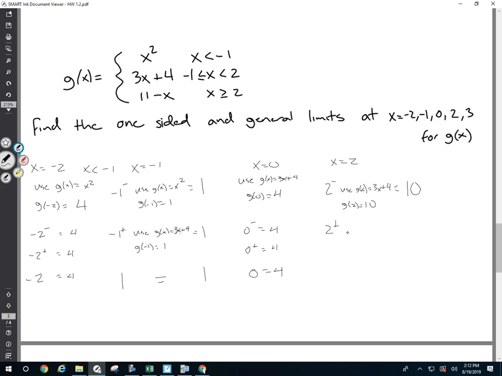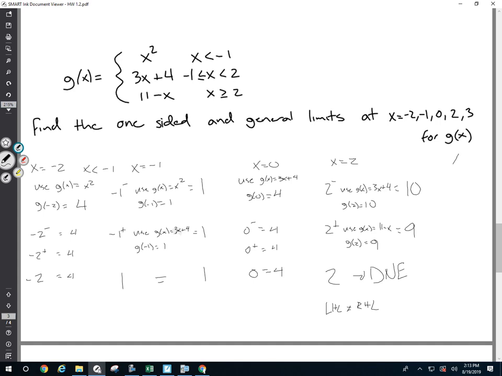From the right of 2, well, bigger than 2, I would use this 11 minus x. If I plug 2 into that one, because I'd be approaching it even if I use 2.001, I would get 9. So the right-hand limit is 9, which means the limit in general at 2 does not exist. Left-hand limit does not equal the right-hand.